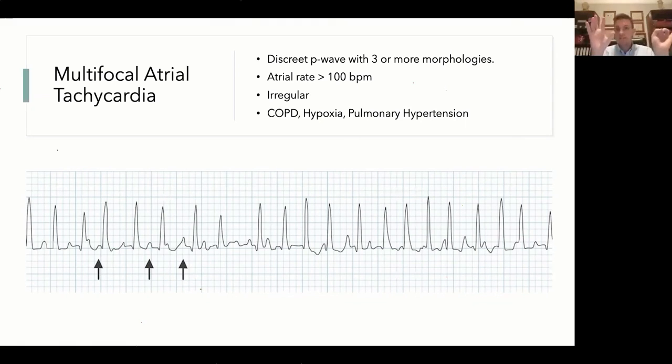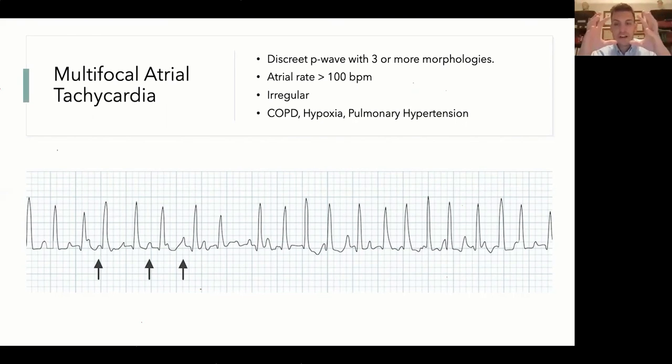Does this make sense? Probably. And there are different shapes of P waves. And now you ask me why? Because this is multifocal. So when one lead takes the same picture of the atrium, it sees different parts of the atrium firing. So the waves cannot be the same since there's a different part of the atrium firing. Does this make sense?